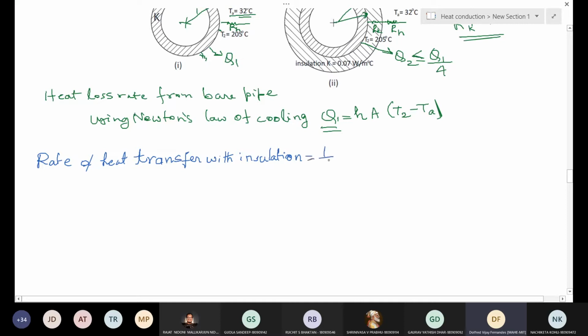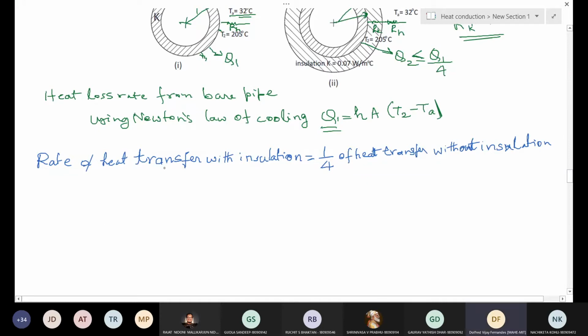Insulation equal to 1/4 of without insulation. I don't know why it's not picking insulation without insulation. So that means what about the resistance?